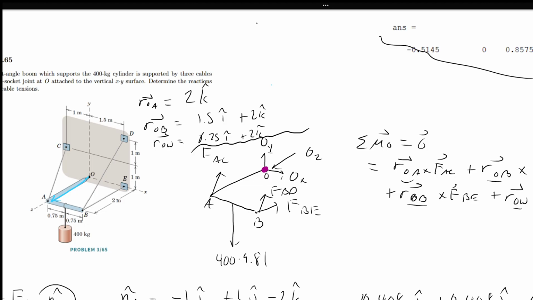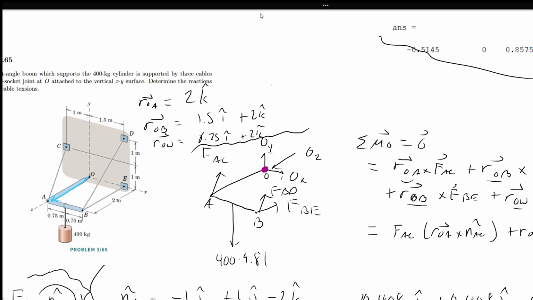Lovely. Okay, so now one more thing, because of these equations down here in the bottom left, we have a scalar times a vector, and we can always pull scalars out of the cross product. So this is going to be equal to, for example, FAC times ROA crossed with the unit vector NAC. And then I can just do that for all of them.